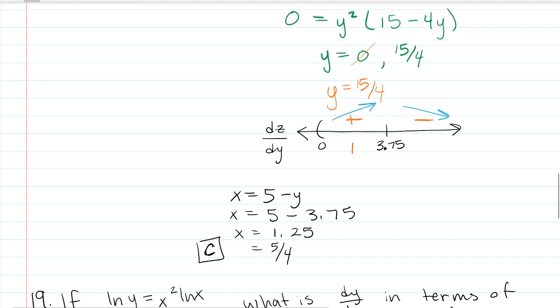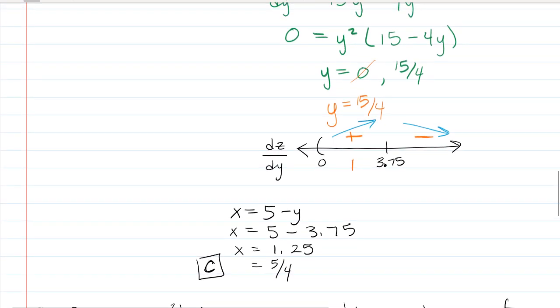I did 14 wrong. So we did like all of the steps right. Yeah, the 15 over 4 is definitely bigger than 5 over 4.